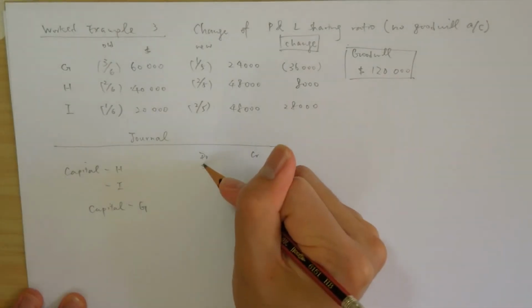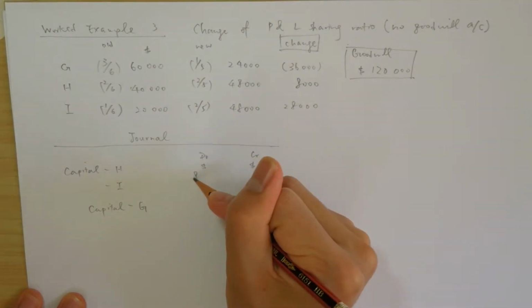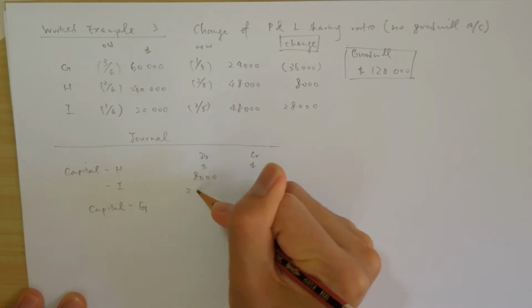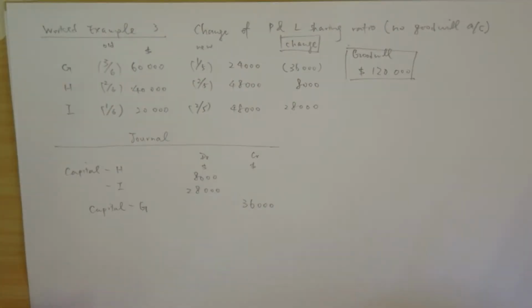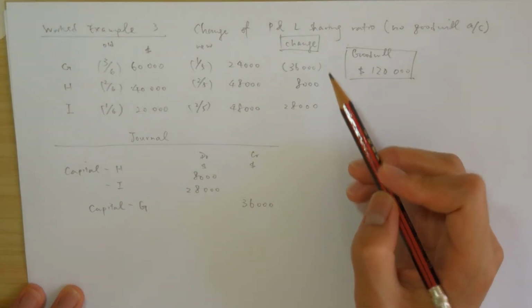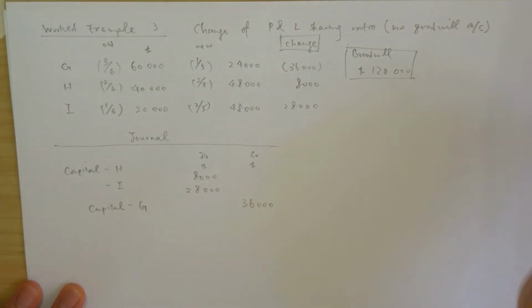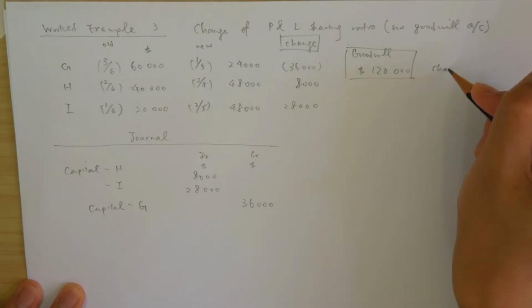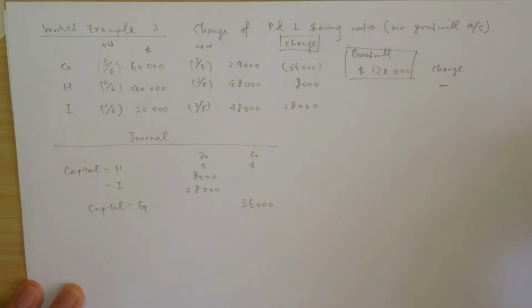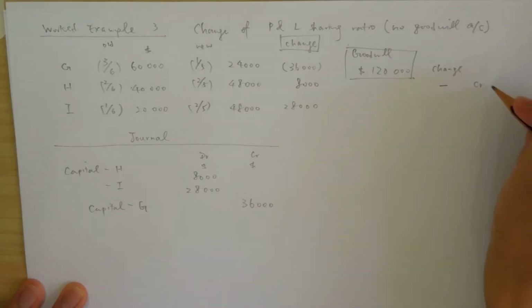So to help you memorize the entry, it's very easy. If you find the change of goodwill is a negative amount, then credit the capital account.